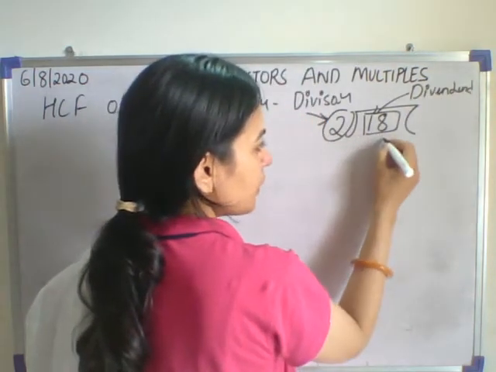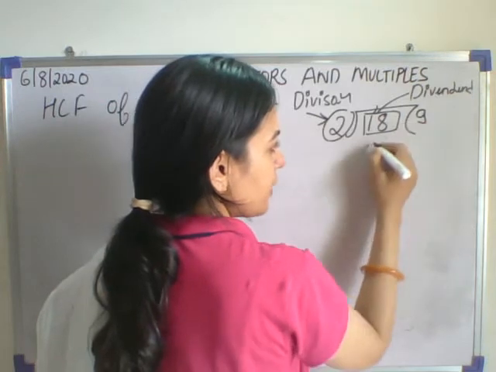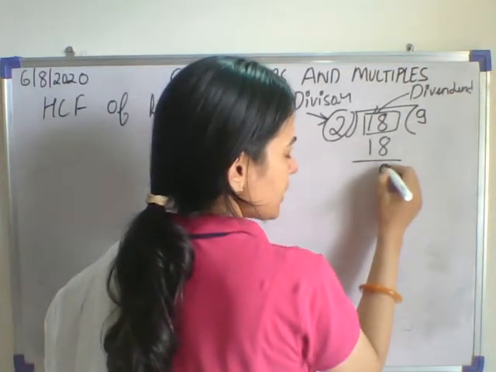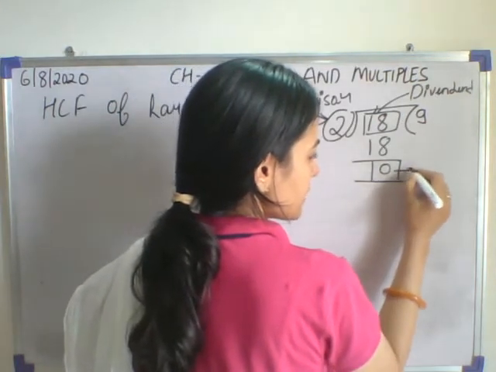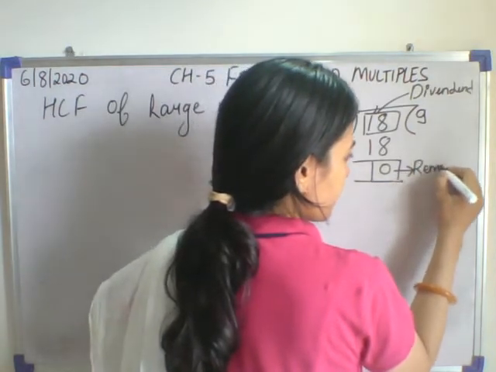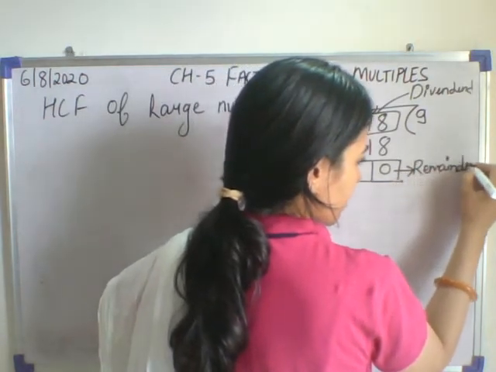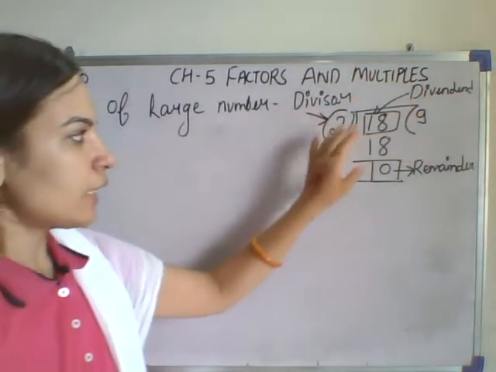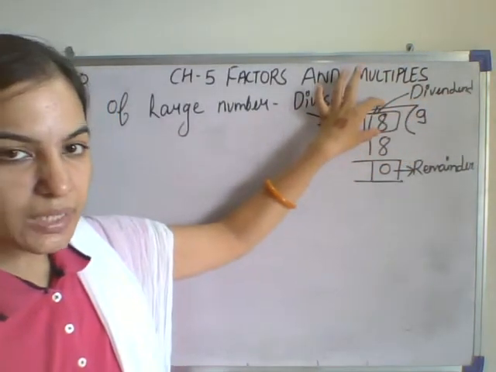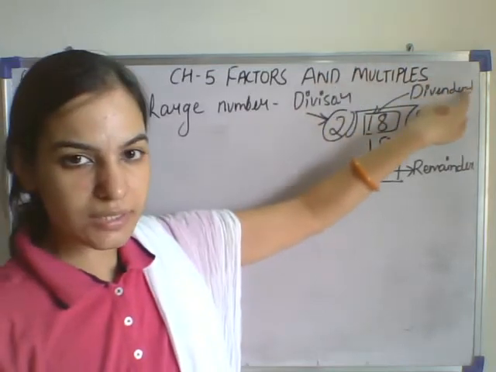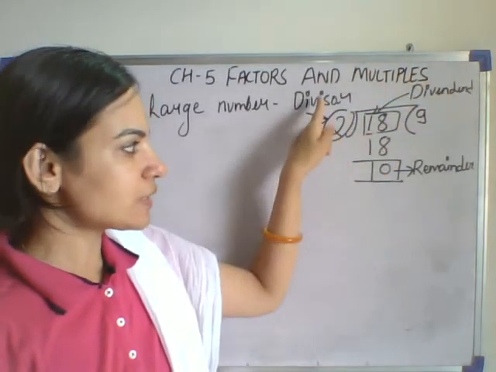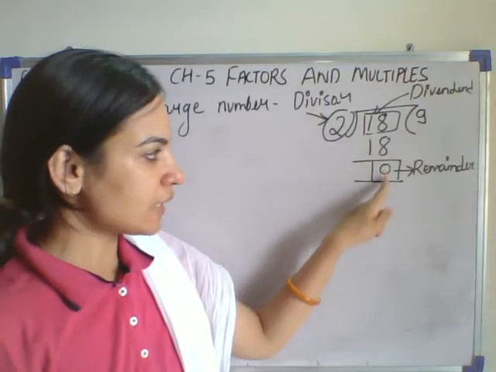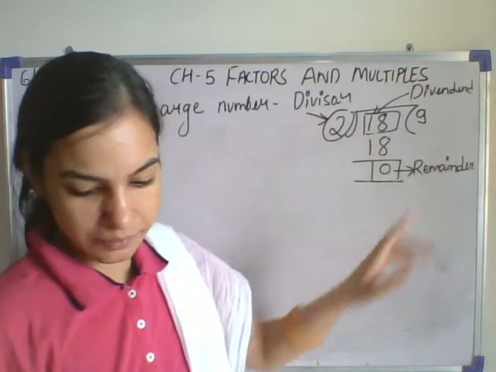So 2 9s are 18 and 0, what is the 0? This is the remainder. So these 3 terms should be clear to you. The number inside the bracket is the dividend, 2 is the divisor and this 0 is the remainder.